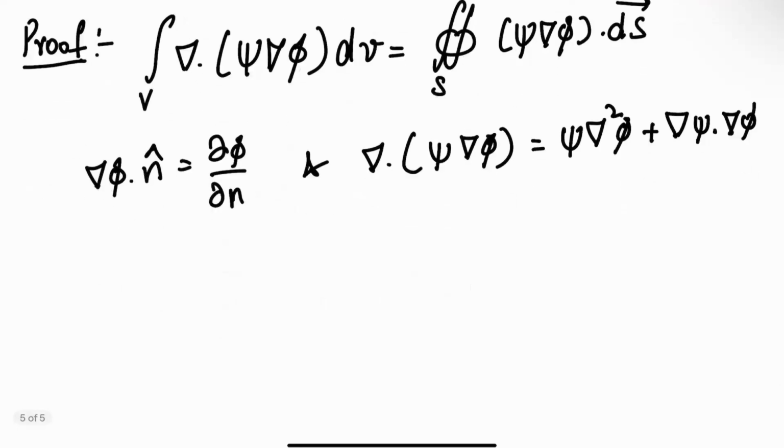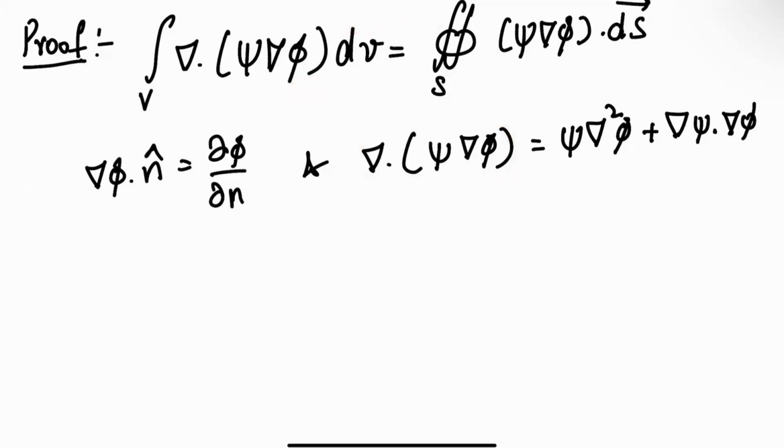Okay, so now what we can do is start from this one and take a volume integral on both sides. Then this term becomes this, and we apply the divergence theorem.